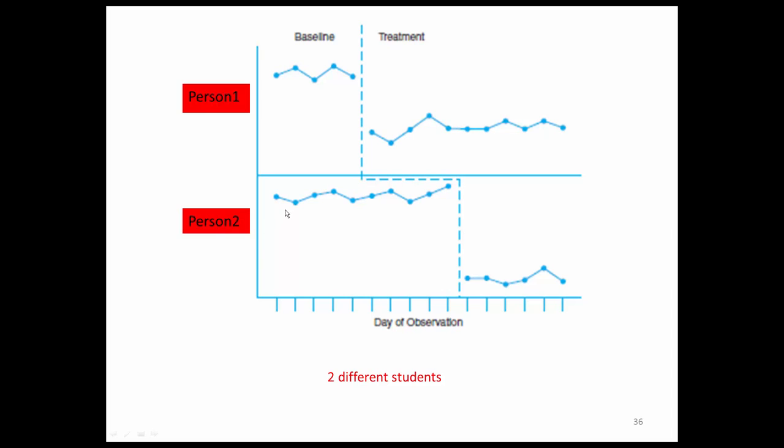And then for the second student, you observe the student for more than 5-6 days, maybe for 10 days or 2 weeks, and then you start your treatment after 2 weeks. The beauty of this method is that you have a better proof that your treatment is working, because if there is some outside event working for student 1, there is no way that the outside event exactly happens at the same time that you start your treatment for both participants.